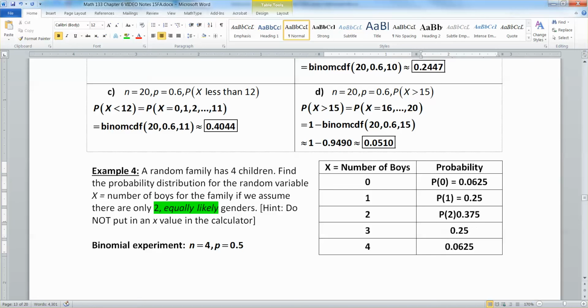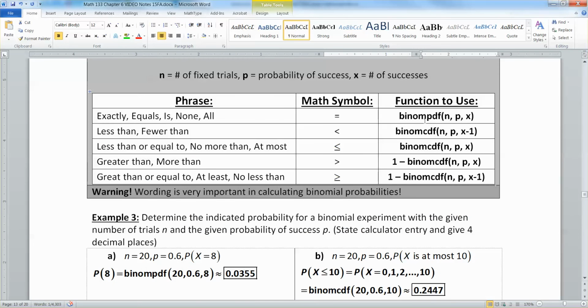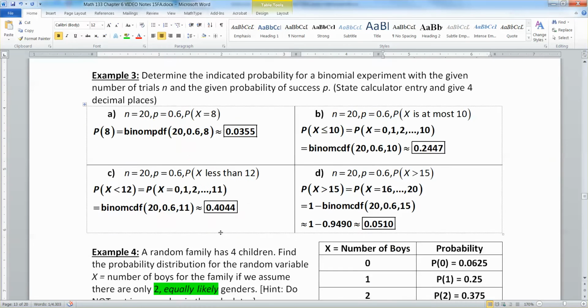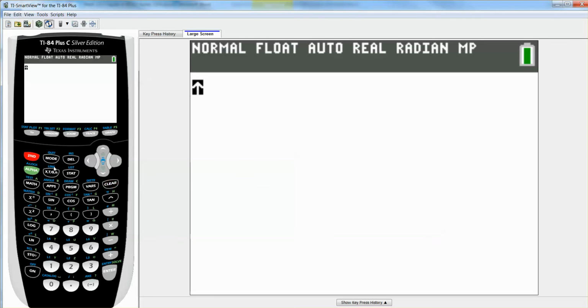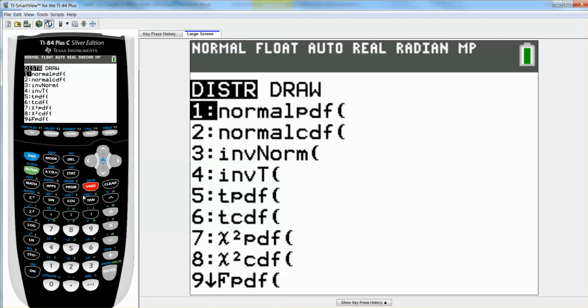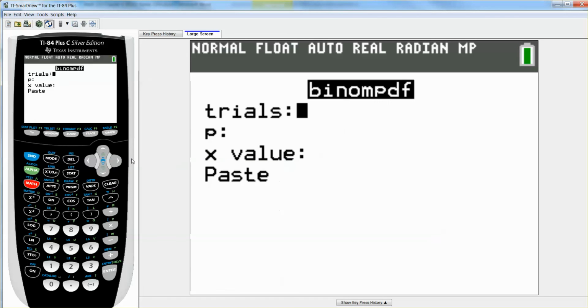So if that's the case, that means we want an equals. That means we want Binompdf. So let me go grab the calculator. Now remember that n was 4 and p was 0.5. Now notice at the top I used Binompdf.